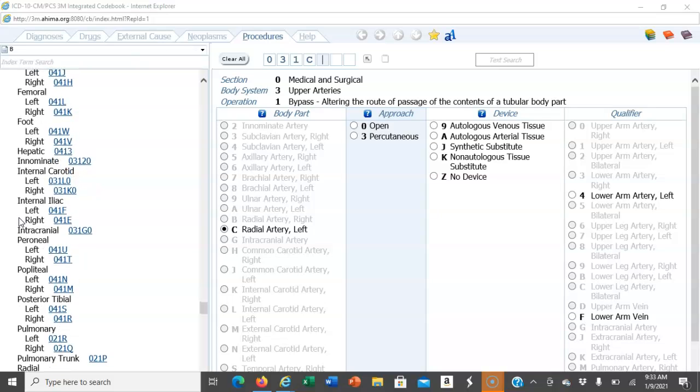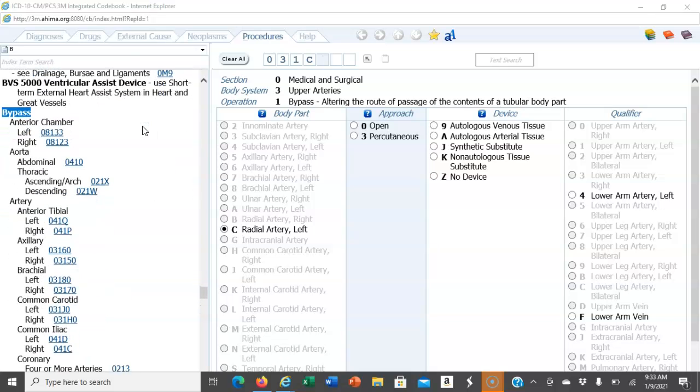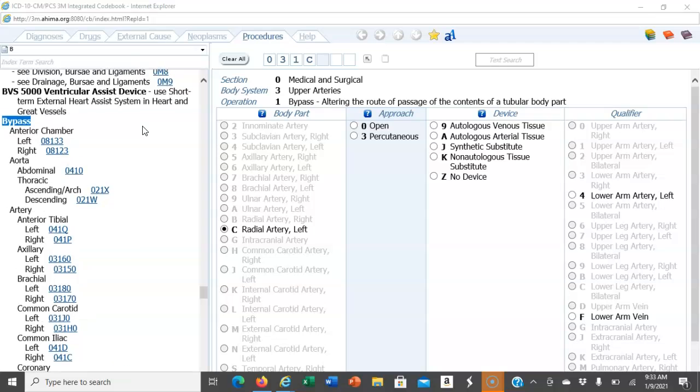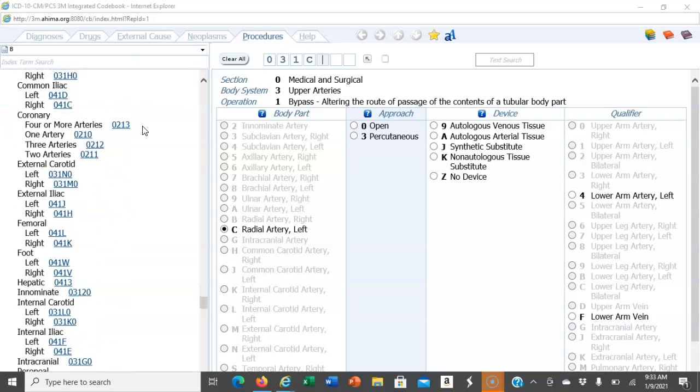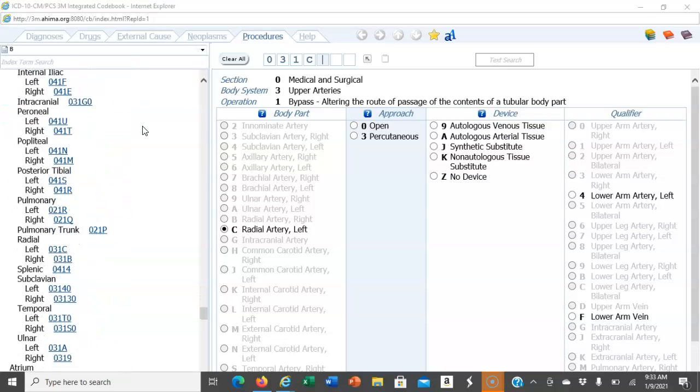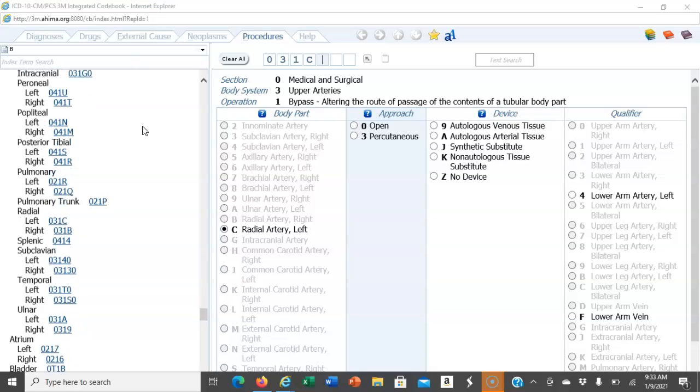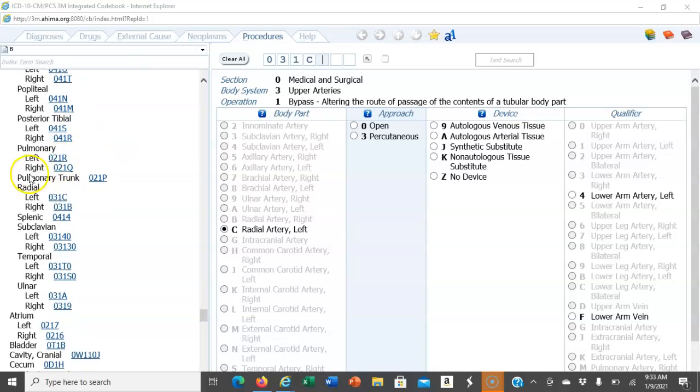And of course, whatever documentation that you are reading will clearly document what is going on. So you just need to know that the root operation is bypass. The artery is the radial artery, and the example in your book is the left radial artery.